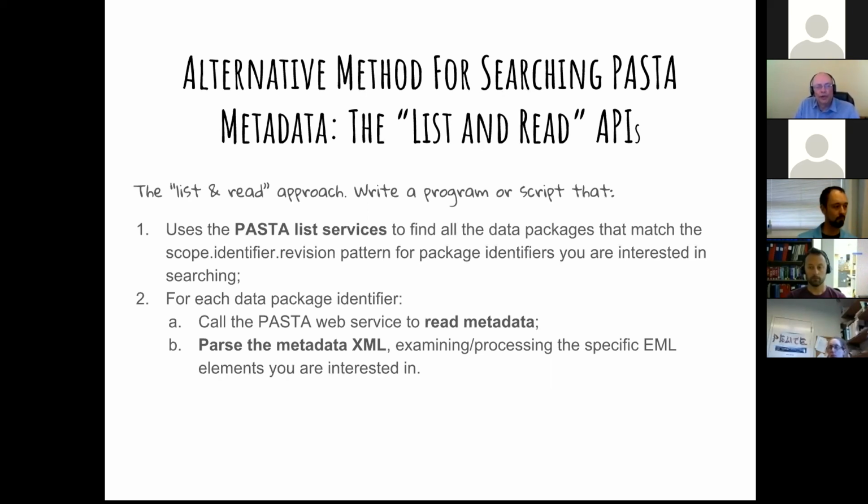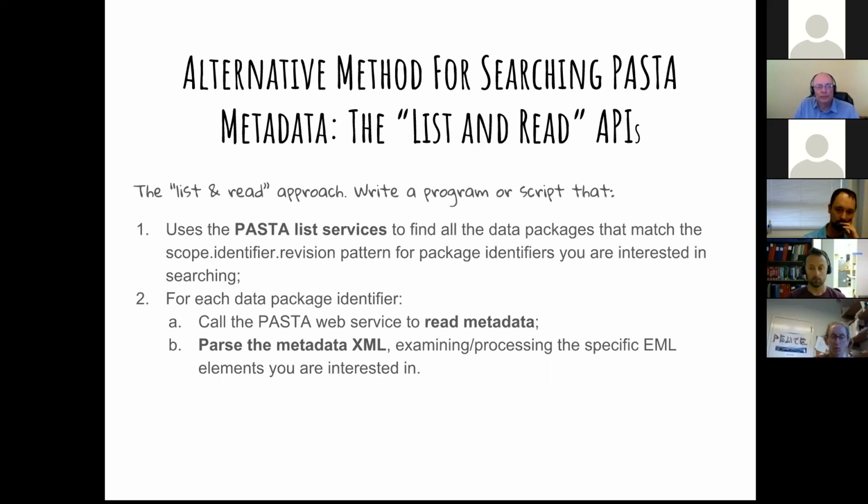Last week, Mark presented a number of PASTA Plus web service examples that involved listing scopes, identifiers, and revisions, and then another web service method to read the XML metadata for an individual data package based on its scope, identifier, and revision values.